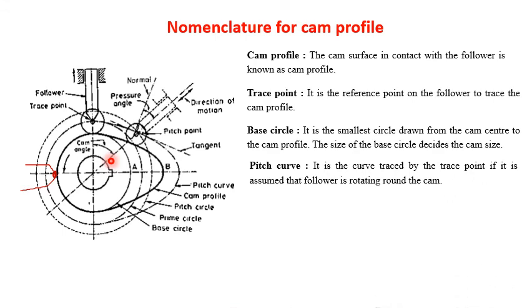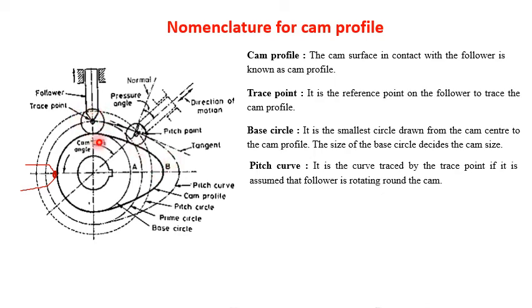Next one is pitch curve. This is also an important term or nomenclature in the cam profile. You can see this is the pitch curve. So it is the curve traced by the trace point, if it is assumed that the follower is rotating around the cam.